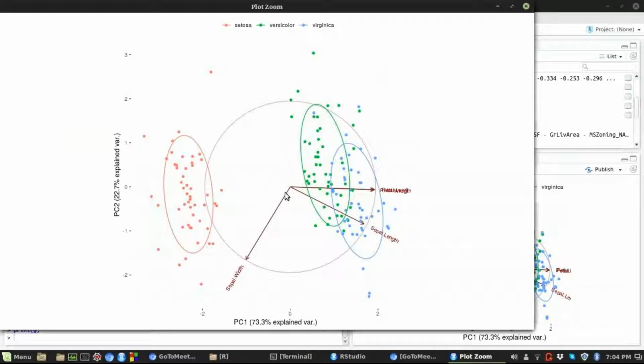See, the circle is just to tell you what will be the length of each of these: sepal width and sepal length, and petal width, petal length, and so on. This is the circle along which they can sit. Now remember this is a rotation. This is not a scaling.